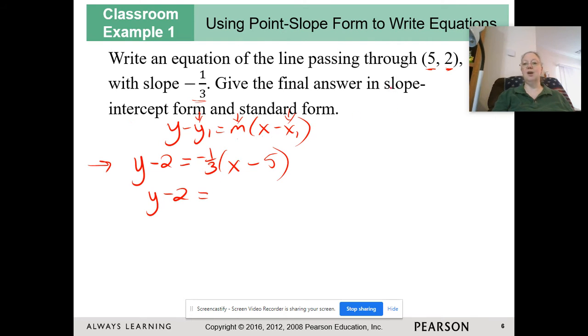Our answers are always going to be either in slope-intercept form or standard form. In this case, we need both. Now, remember, when you're multiplying a fraction times a whole number, you multiply the top, you multiply the bottom, right? Now, we need to add 2.